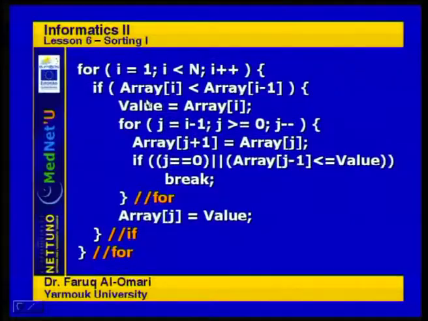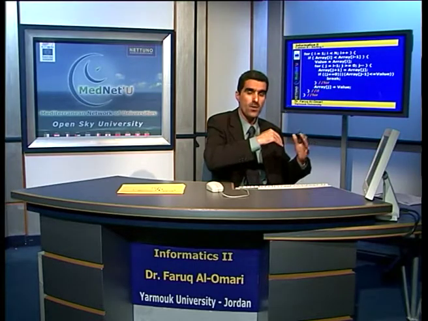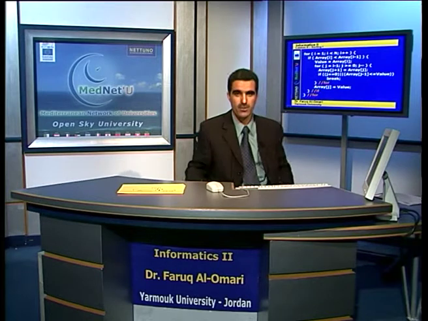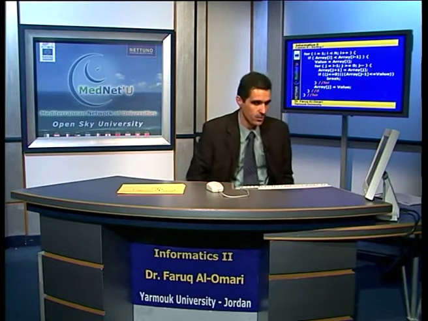So if array of i, the current element, is less than the last element in the sorted list, which comes right before it, then I'm going to save this current element in a temporary location called value. Okay, I'm going to put it aside to see where to put it in the final correct position.